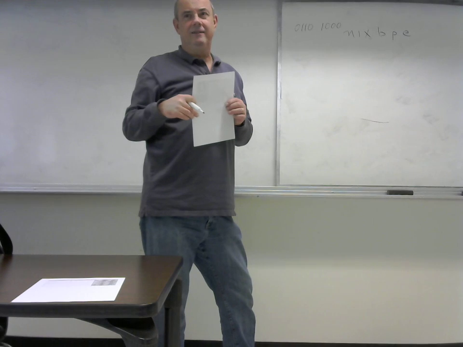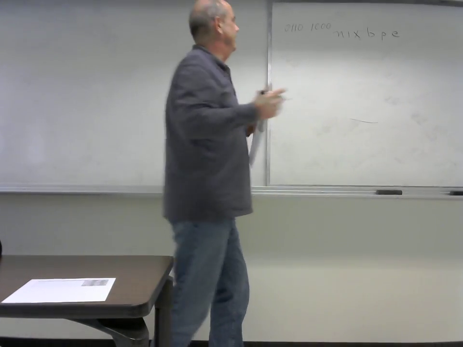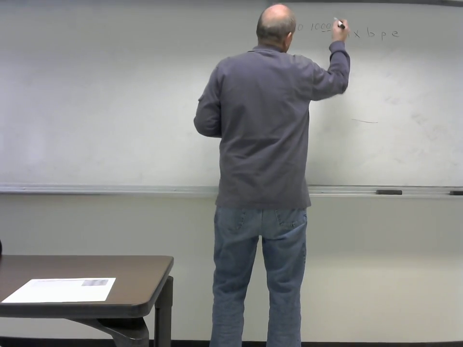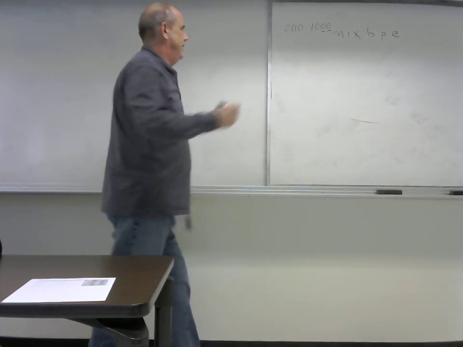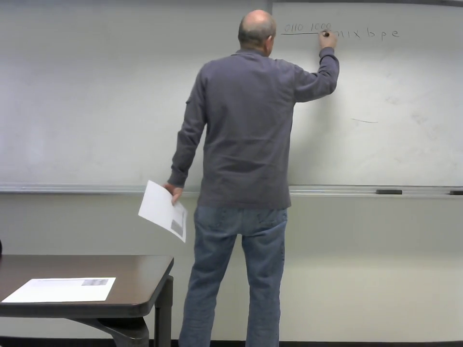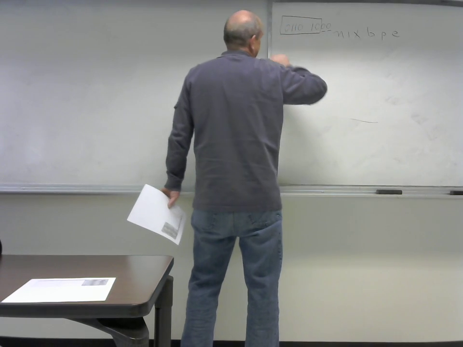It's the first 6. The last 2 digits here are always 0. So you take the first 6 bits, this is your opcode. Okay.